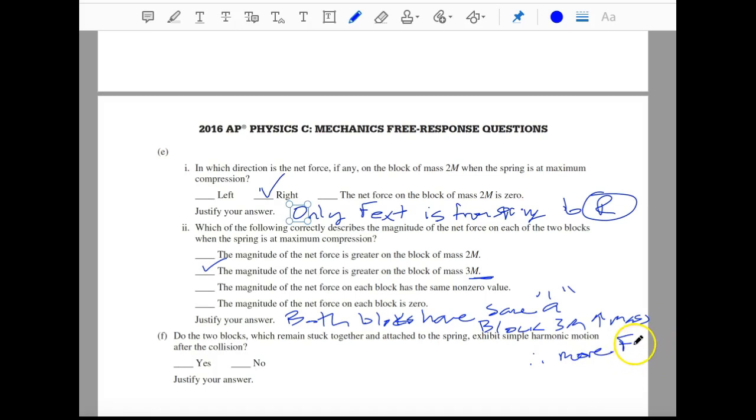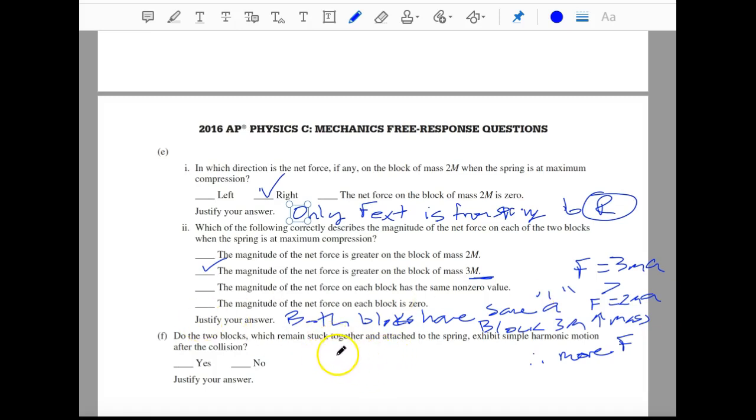So the net force on it must be greater than it is on block 2m. Because remember, F is equal to 3m times A, and that is going to be greater than F equal to 2m times A. So that should help it make a little more sense.